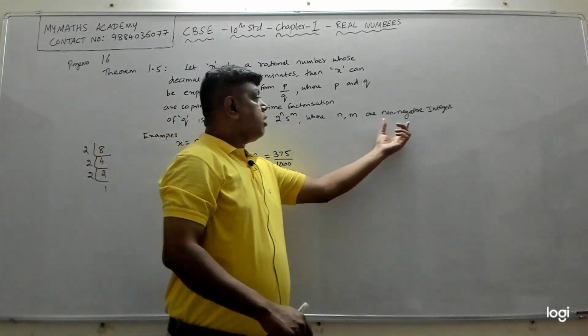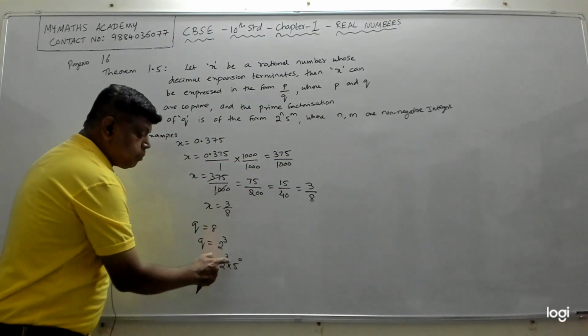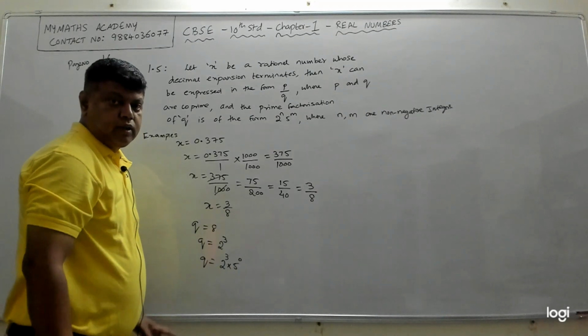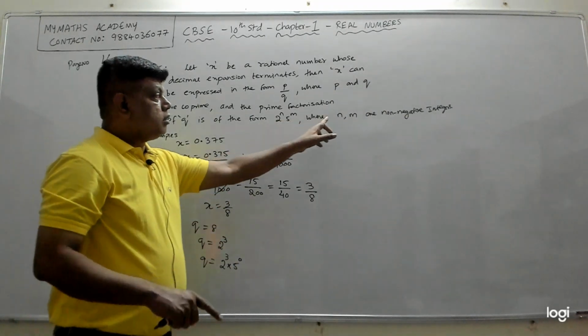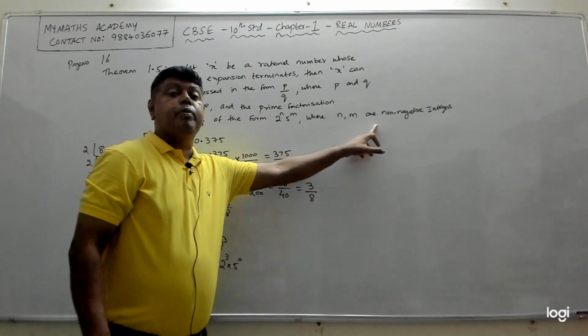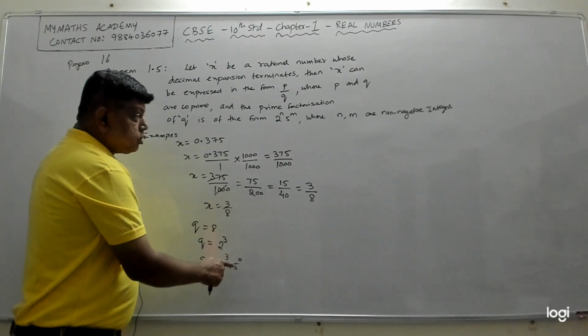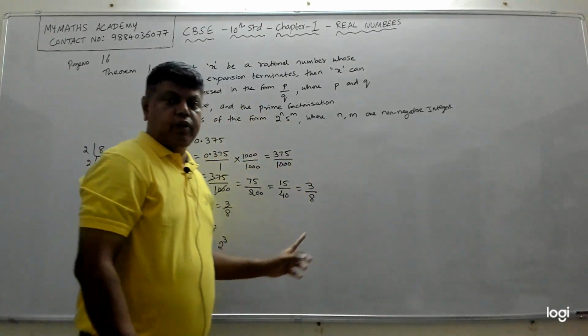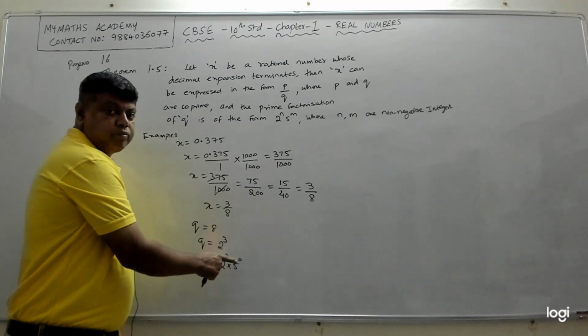Your n and m are non-negative integers. Non-negative means they can be positive or 0, but cannot be negative. Power of 2 is 3, power of 5 is 0, where 3 and 0 are non-negative integers. 3 is not negative and 0 is also not negative.